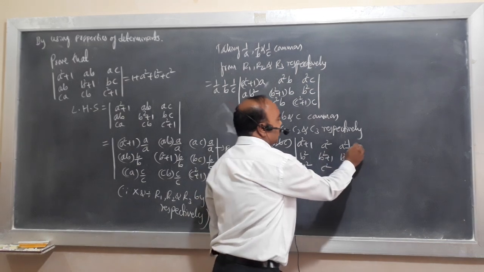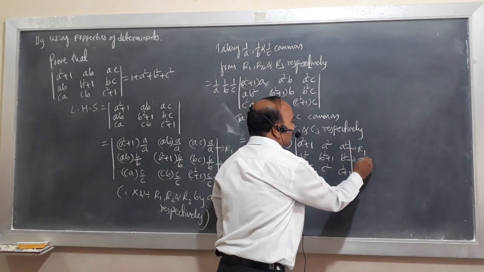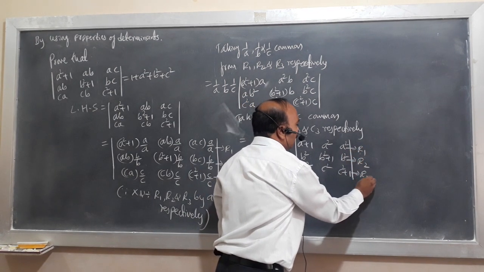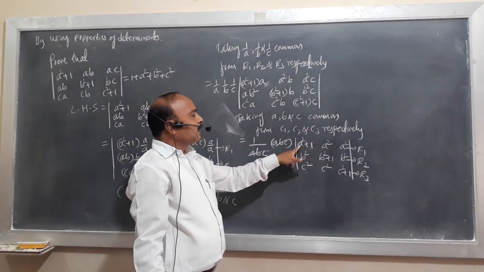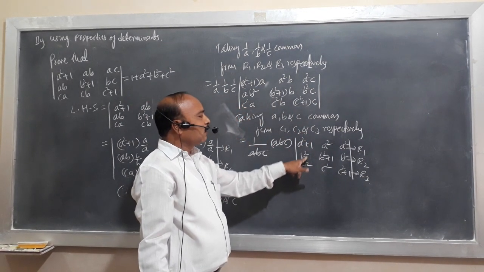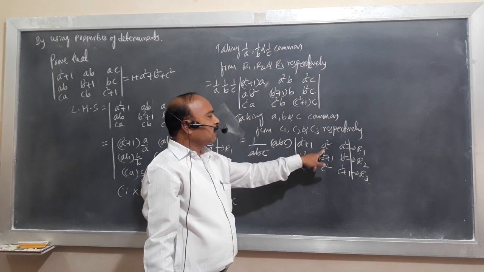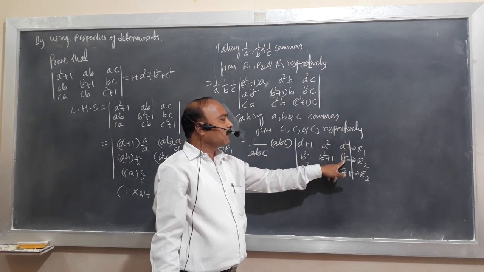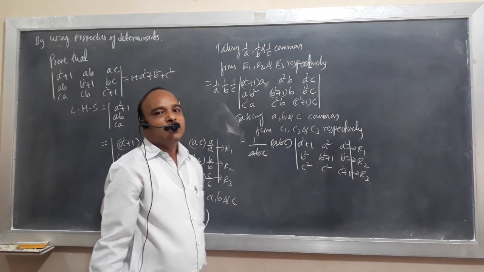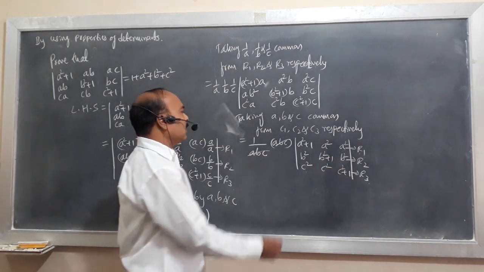Here R1, R2, R3. If we add all the three rows, we get the term a square plus b square plus c square plus 1 in each, which means we are getting the same terms.